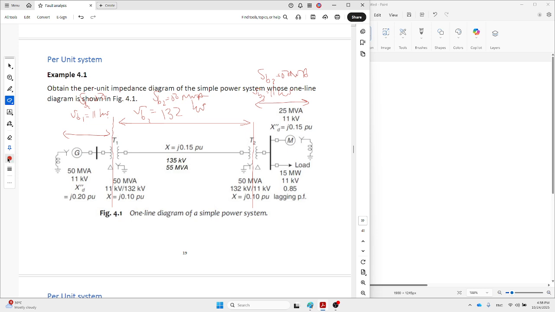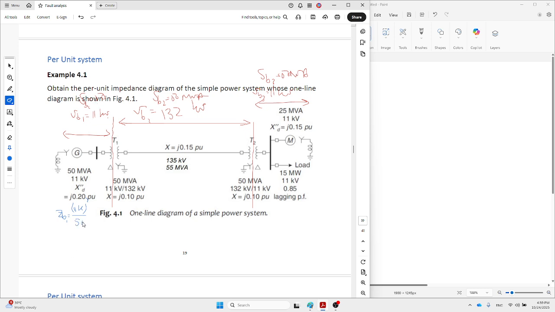Then from this point onward, you have to calculate the I base and Z base. Based on these two values, for this area, Z base number 1 is V base squared, 11 kV to the power of 2, over the new S base. The S base here is 50.